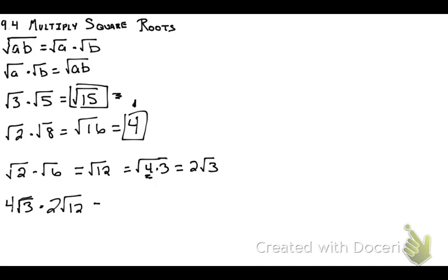Now hopefully you thought through this and noticed that 4 times 2 would be 8. Square root of 3 times 12, well, 3 times 12 is 36, so that would be 8 root 36. But the square root of 36 is 6, so 8 times 6 is 48. You could have done this another way, but that would have been a good way to do it.